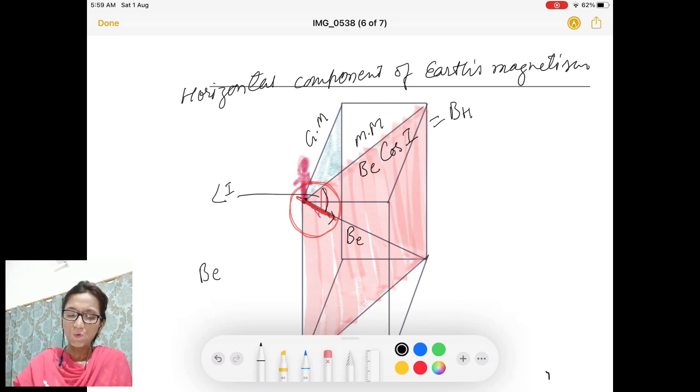And the vertical component of Earth's magnetism can be obtained by taking the component of the magnetic field of Earth along this direction.